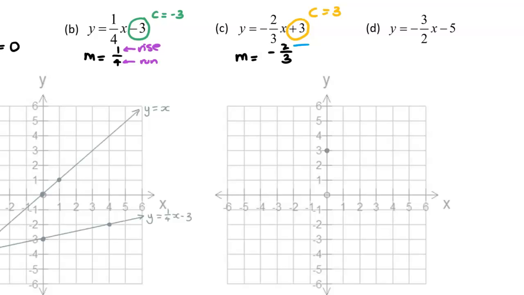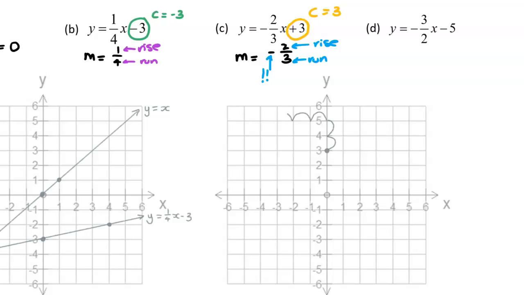So that tells me we're going to rise up by 2, and this time, because we've got that negative, we're going to run to the left. Now there's different ways you can do this, but this is a way I find useful to talk about. So let's do that. We're going to rise up by 2. 1, 2. And now we're going to run 3 places to the left.